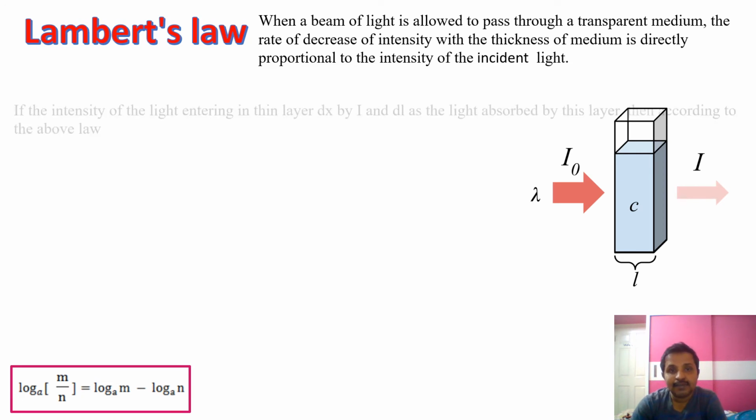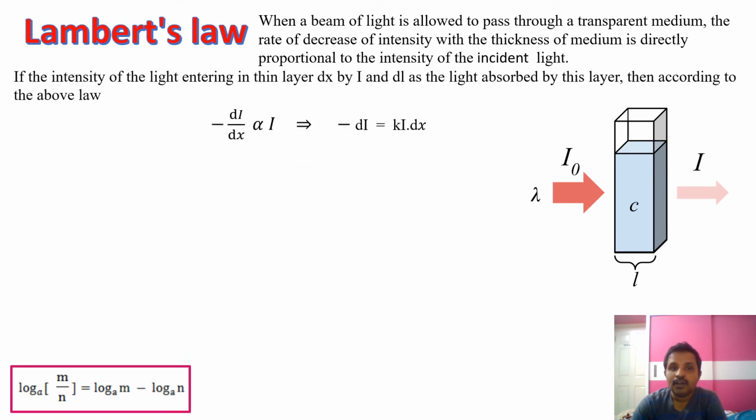That is, the rate of decrease in intensity, dI by dx, with respect to thickness of the medium, is directly proportional to intensity of light I. The minus symbol represents the decrease in intensity.